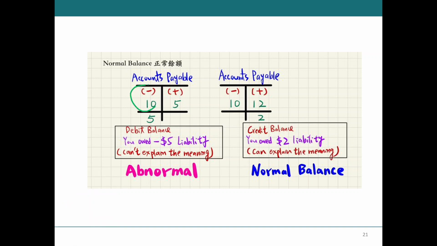So for this case, your liability decreases. What does it mean? Accounts payable decrease means what? You pay the money back, right? So that will make your liability decrease.